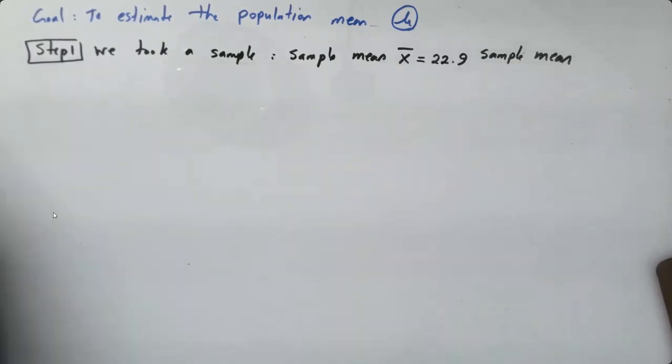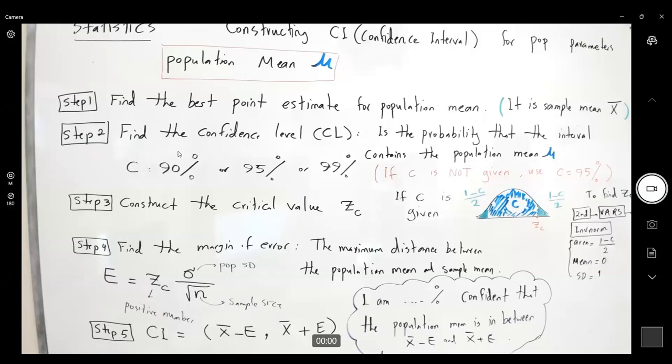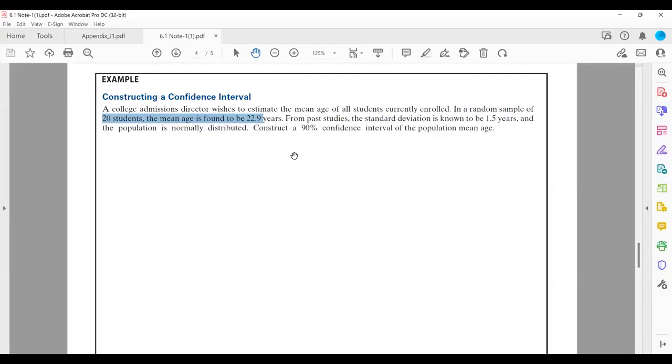What is the second step? Look at the steps. Step 2 is find the confidence level. What is the confidence level? It is the probability that the interval contains the population mean. Let us take a look at the question.